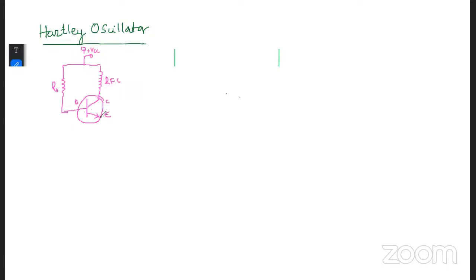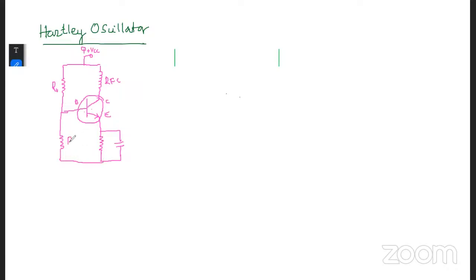And for this emitter, we have connected one resistor and another capacitor. And this dividing resistor is connected to this one.